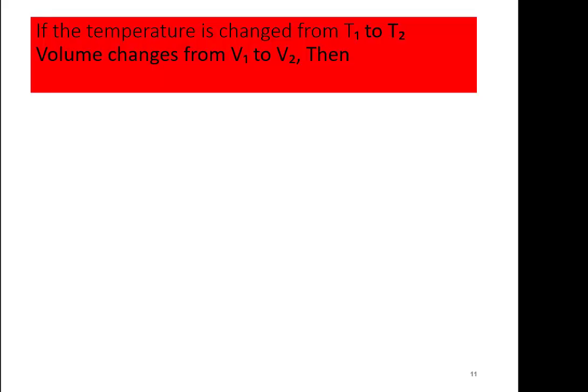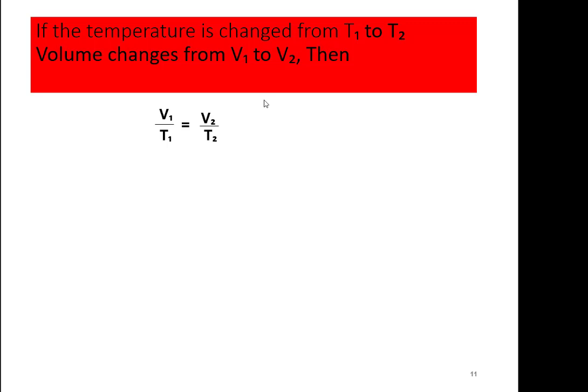Suppose students, if the temperature is changed from T1 to T2, the volume also changes from V1 to V2. Then V1 over T1 will be equal to V2 over T2. So this is one of the forms of the Charles law.